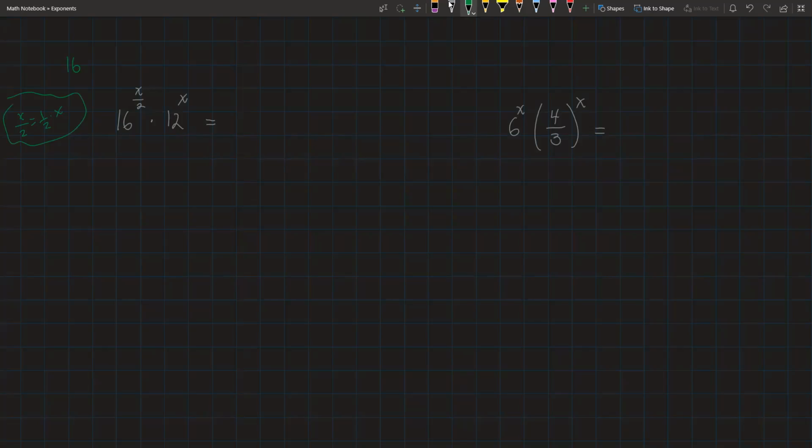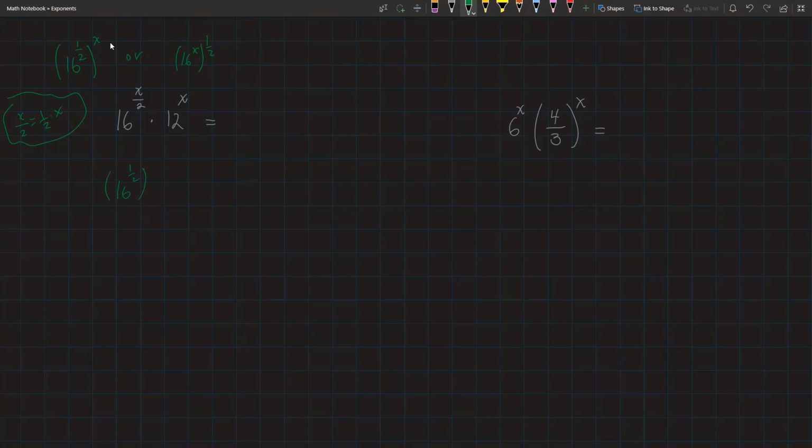That's a little reminder. So then we can write this as 16 to the 1/2 to the x, or we can write it as 16 to the x to the 1/2. Which one will be more convenient in this case? I think the one on the left. So let's go ahead and use that one because that can be simplified to 4, right?